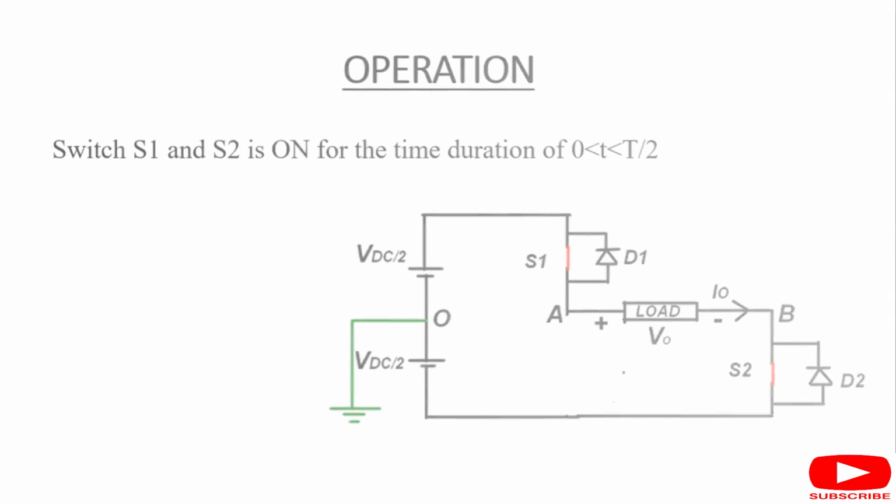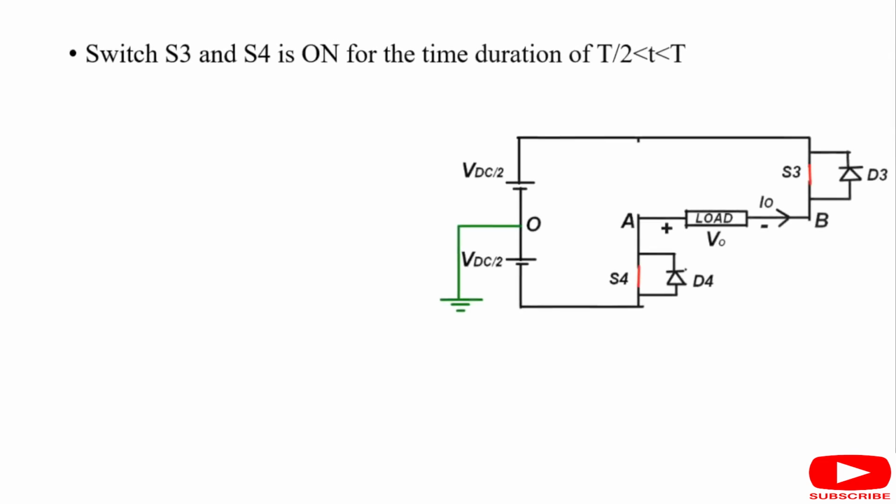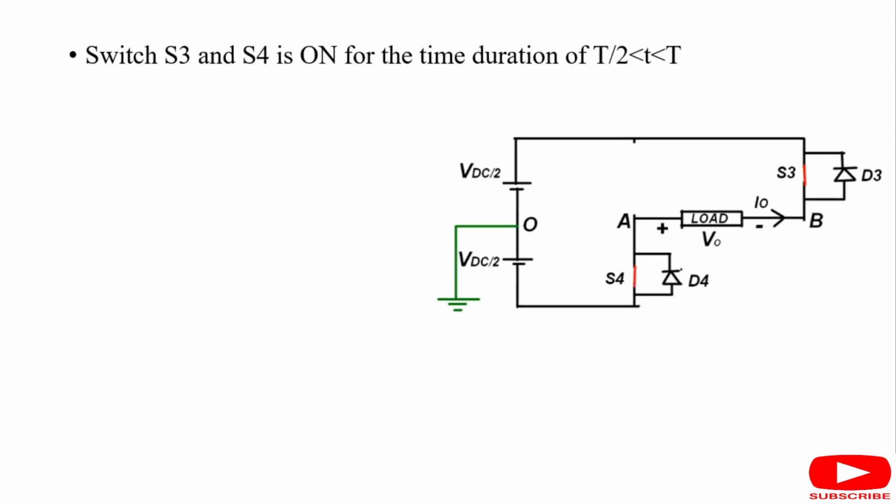Now next, when we talk about the switching operation of S3 and S4 for the time duration of T by 2 to T, in this case VAO must be minus VDC by 2 and VBO must be plus VDC by 2.